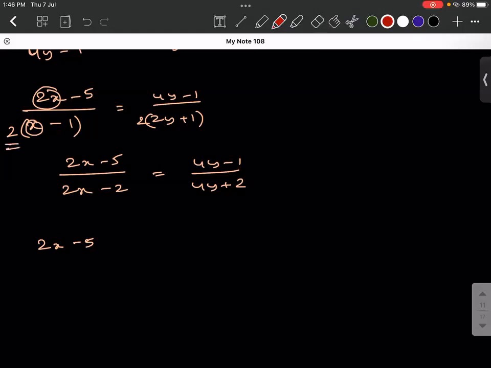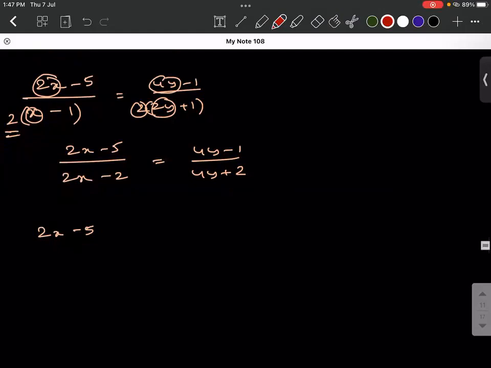So I multiplied with 2 here, but I should compensate with the other 2. So I looked at the right hand side. Here I have 4y, here I have 2y. So I multiplied with 2 here also. Then you cannot do it. Then the only option is to go with cross multiplication.